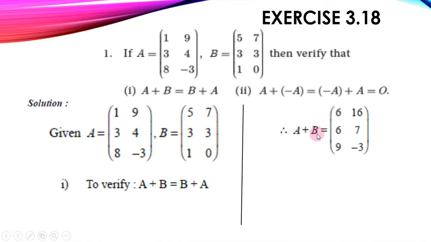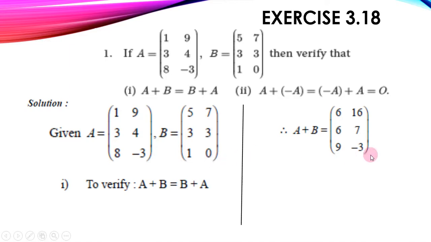Okay, now A plus B, as we have learned: 1 plus 5, 6. Next 9 plus 7, 16. Then 3 plus 3, 6. 4 plus 3, 7. 8 plus 1, 9.